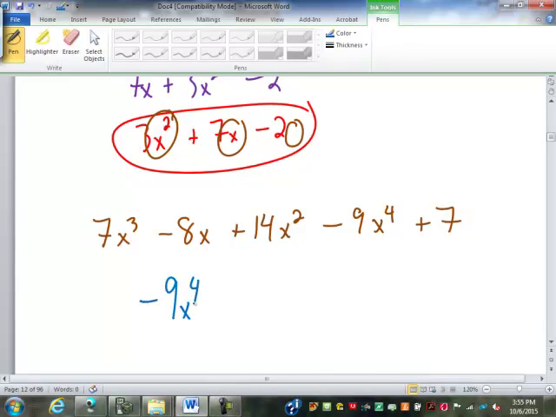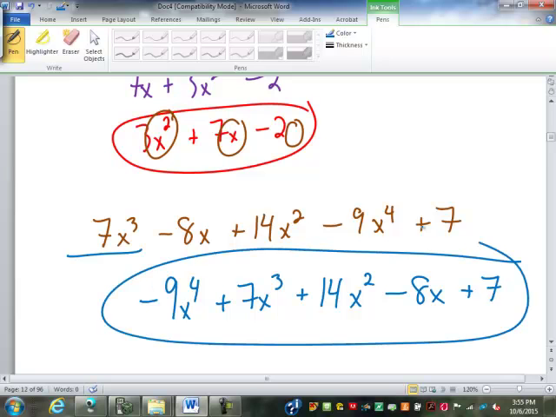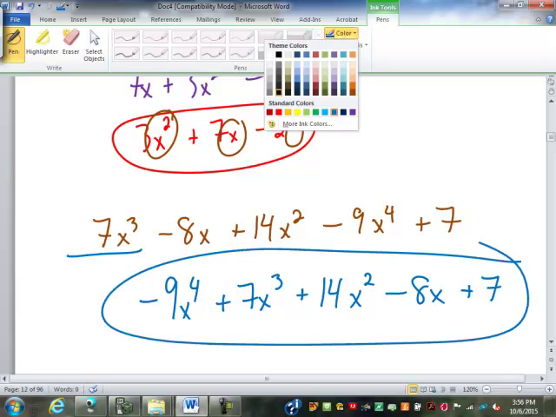Negative 9x to the fourth. Good. What's next? Plus 7x to the third. Good. There's no sign in front of it, but it's positive, so we put a plus there. Next, plus 14x squared, and then minus 8x and plus 7. There we go. Any questions?